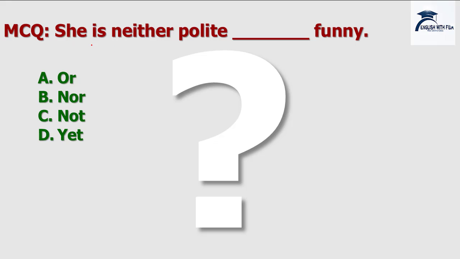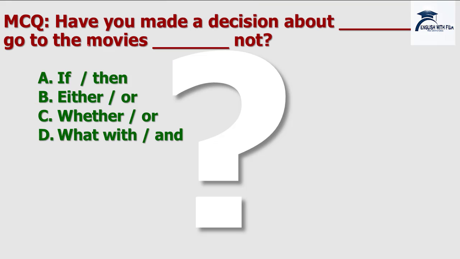Example: now you are supposed to understand the feature which has been used in the sentence. Students, you are supposed to find out whether she is neither polite... So neither is correlative. What is the second part of neither? Definitely nor. Here is another example: Have you made a decision about dash to go to the movies dash not?